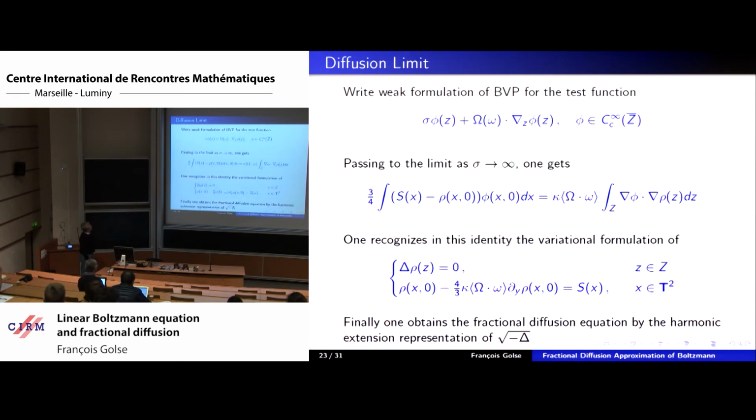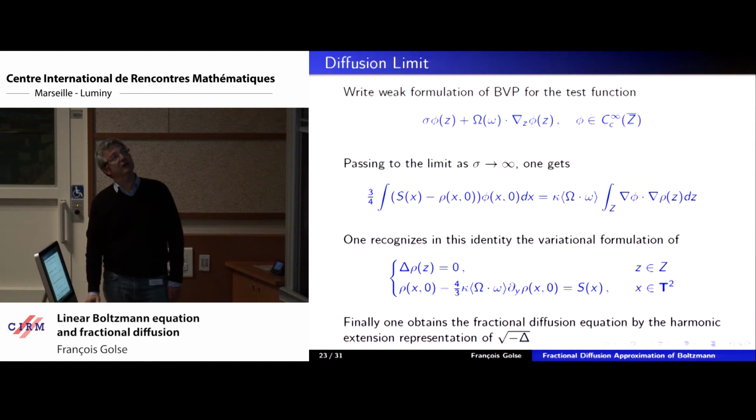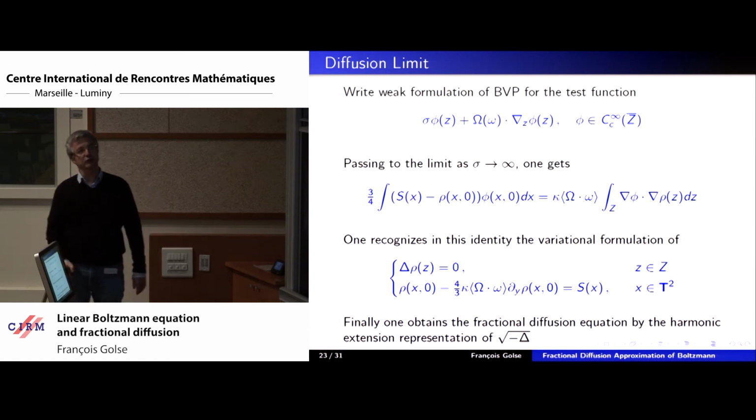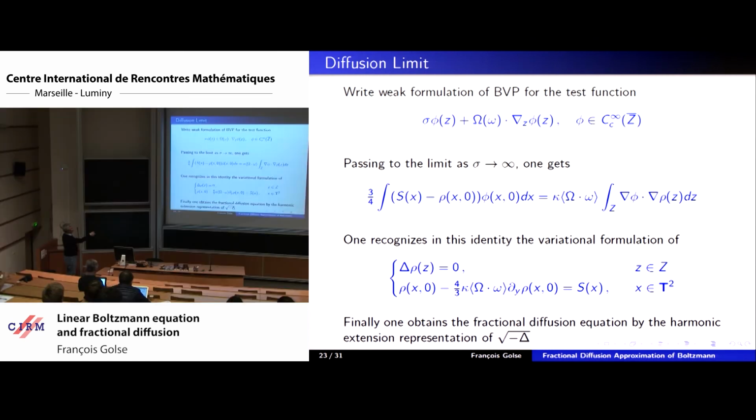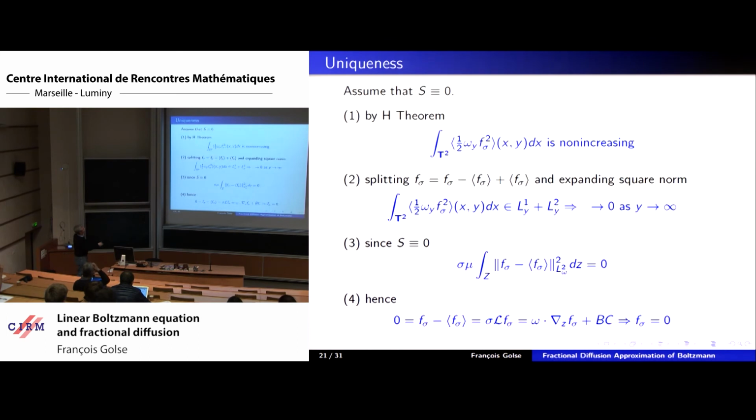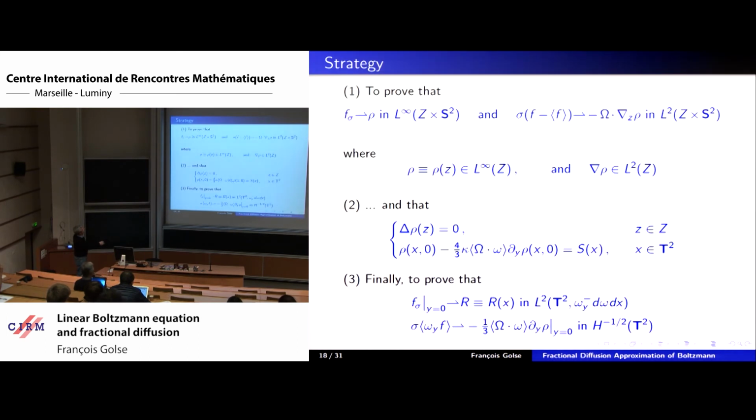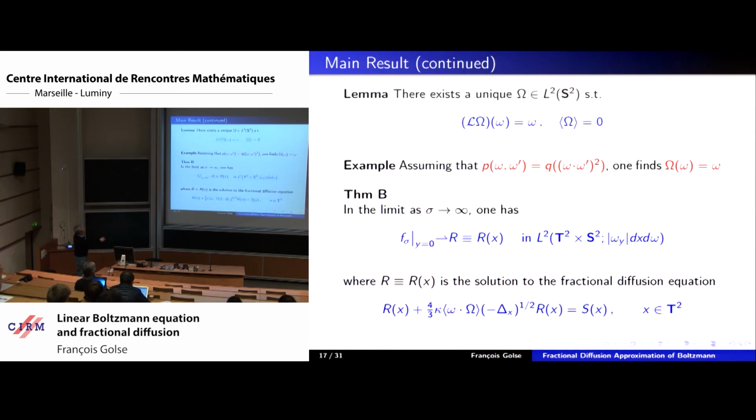Okay, so as for the diffusion limits, you can write the weak formulation of the boundary value problem for the test function, which you choose to be of this form. So the test function is a function of z plus something which is proportional to my function capital omega, which I remind you is the solution of this integral equation here.